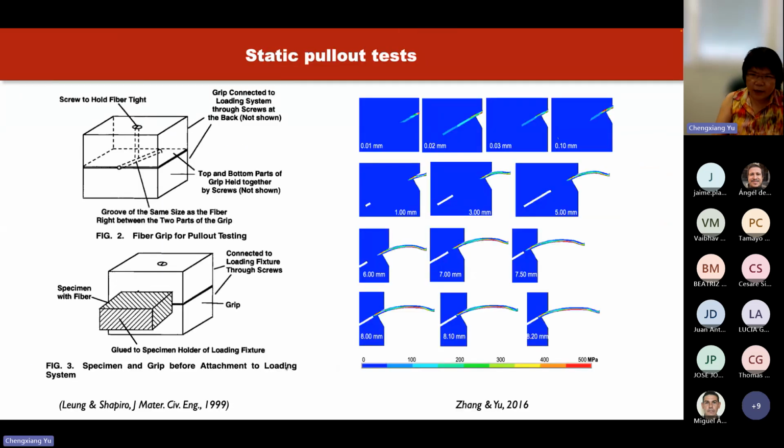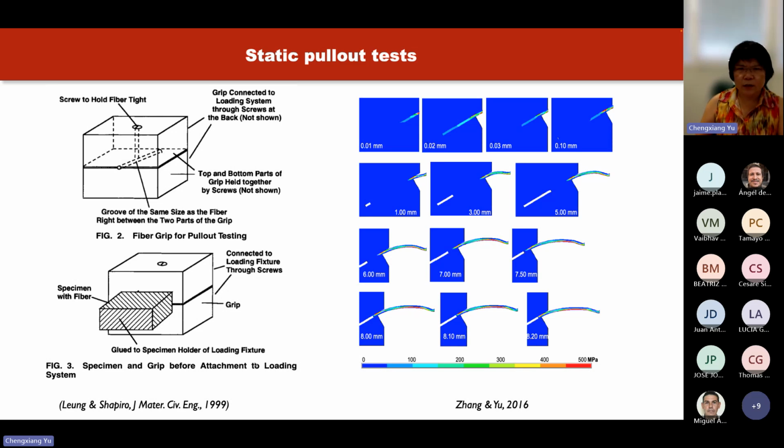And I come back. Sorry, it's a little bit mixed up with the slides. This was the static pull-out done in the work with Zhang Hui in 2016 at Zhejiang University that I mentioned before.